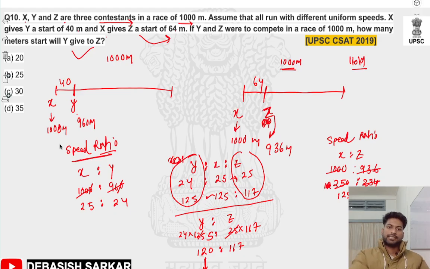ये ना आप distance ratio भी ले सकता है, speed और distance ratio भी ले सकता है, anything. Okay, because time is constant. So just compare. If y is running 1000 meter, then z will be running how much?